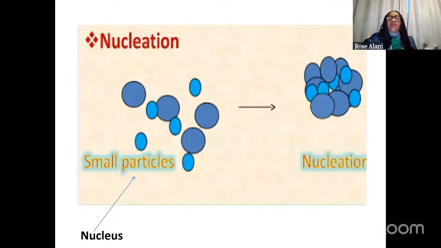So the nucleation I was just talking of, the formation of nucleus: tiny particles, in this case the positive and negative ions, come together, and in the process of nucleation, nucleus is formed, as you see here.